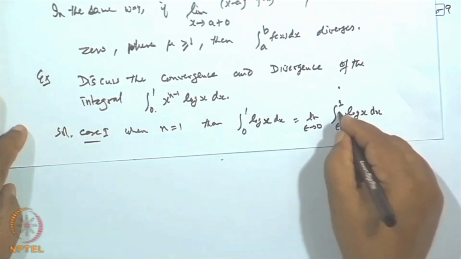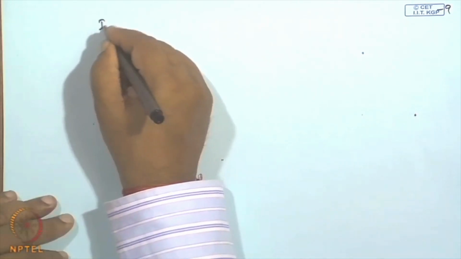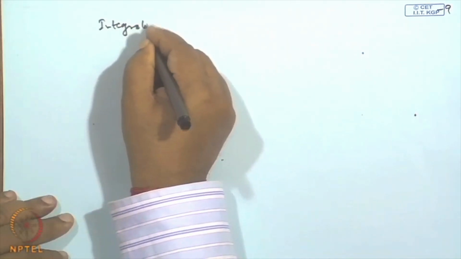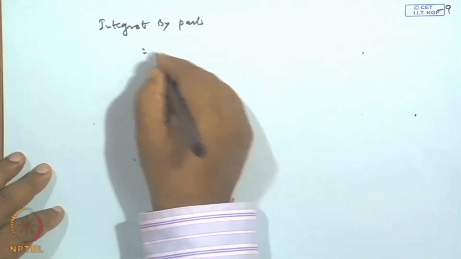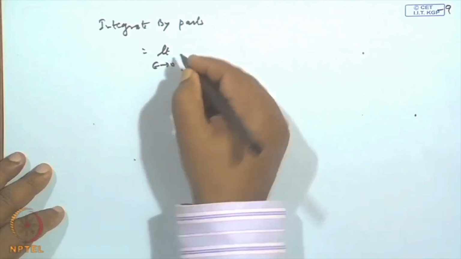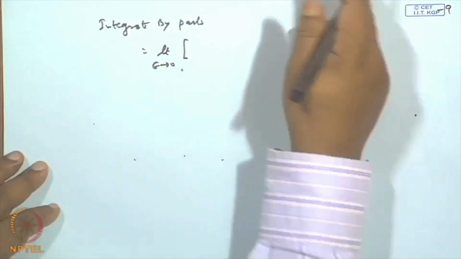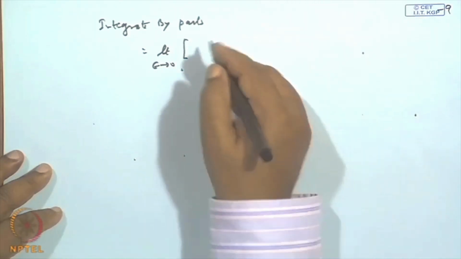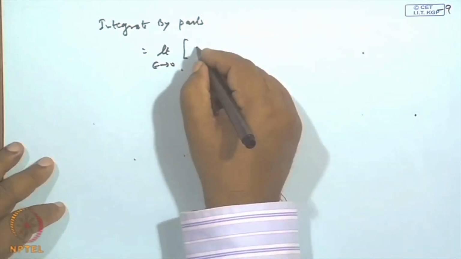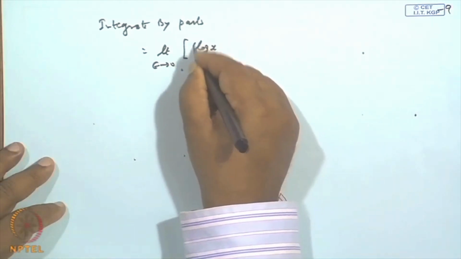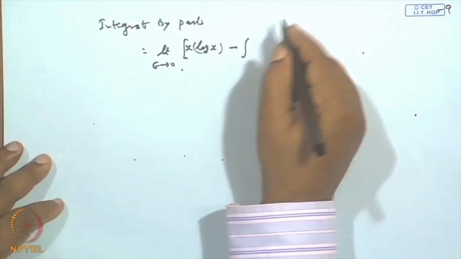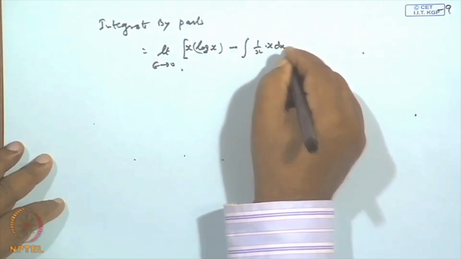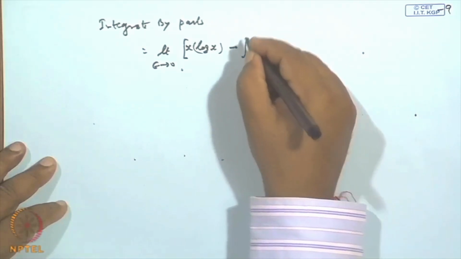Okay, integrate by parts. So when you integrate by parts, we get the limit as epsilon tends to 0: first function times integral of the second, say first function is log x, integral of the second is x, minus integral of the derivative of the first, which is 1 by x, times integral of the second, from epsilon to 1.